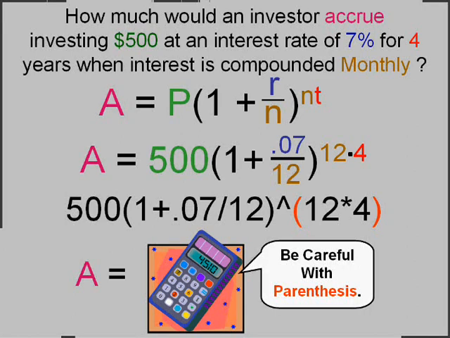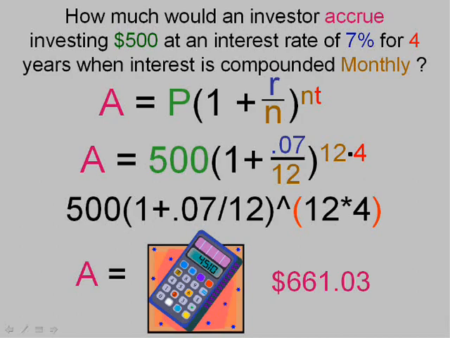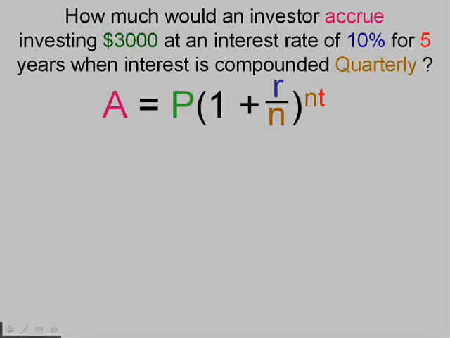Oh, it didn't work. Be careful with parentheses or you'll get an answer, it just won't be right. Show me the money! And the answer in this case is quite logical. After 4 years, $500 will have turned into $661.03.